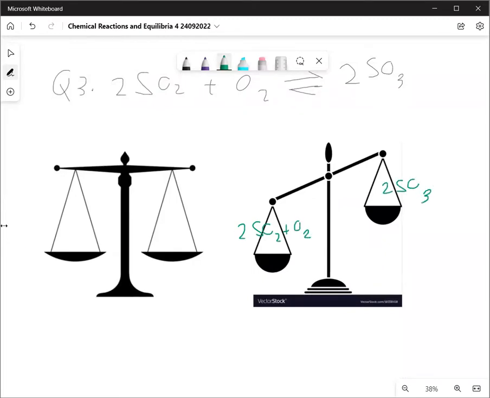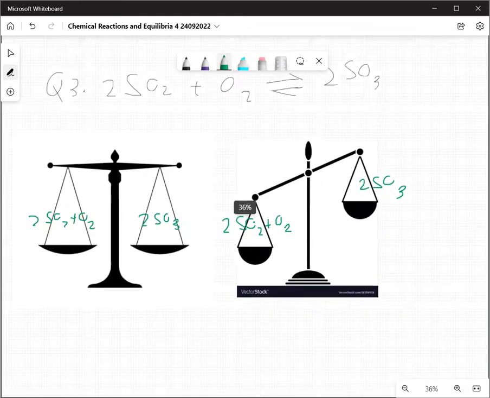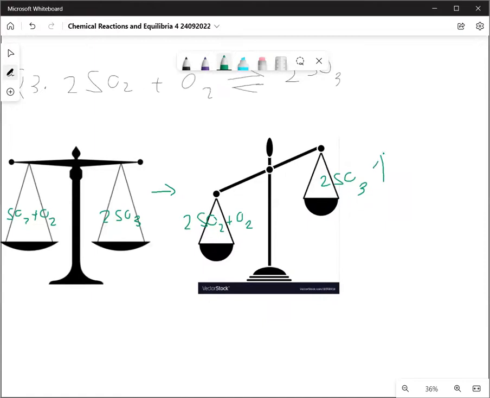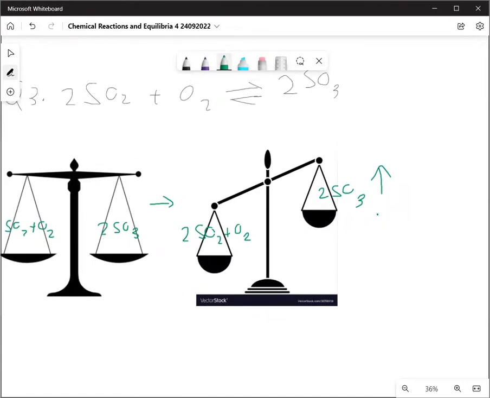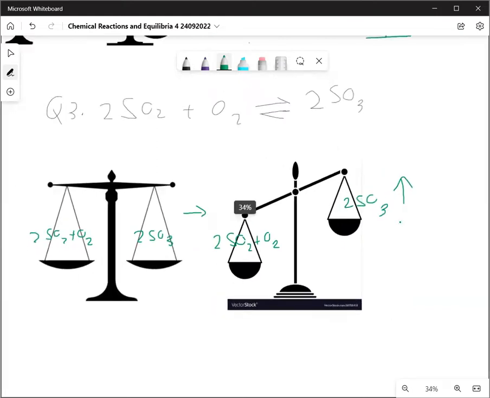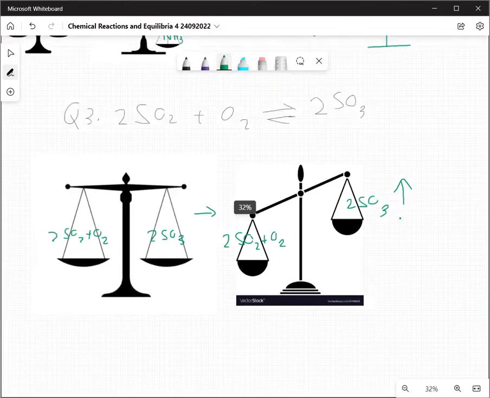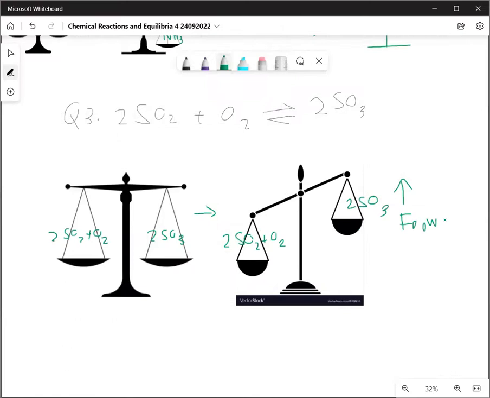Now how can I make it balance again? You have to increase the product side. How can I do that? By forward reaction or backward reaction? By forward reaction. Does that make sense now?